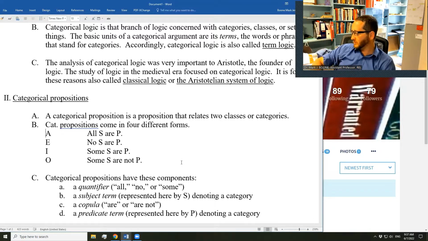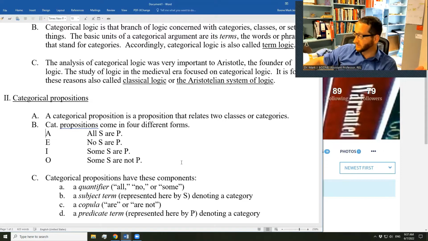No Augustine books are boring. No staplers are perfect. And no highlighters last forever. And no caffeinated beverages should be drunk by me after 5 p.m. These are no form propositions. They're all saying something about everything that's in the category denoted by the first term, and they're also denying something to that category.